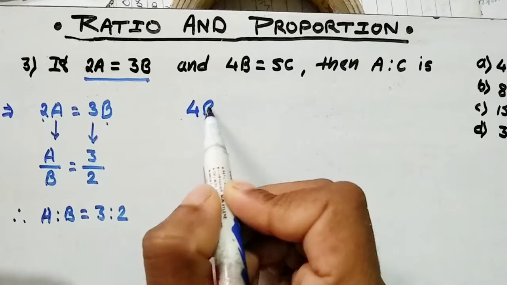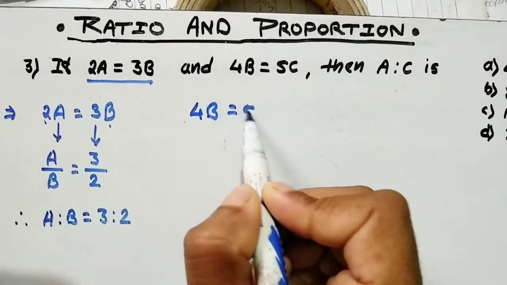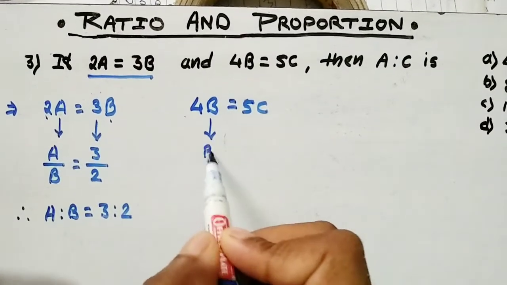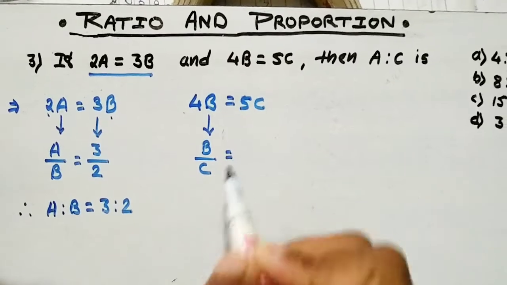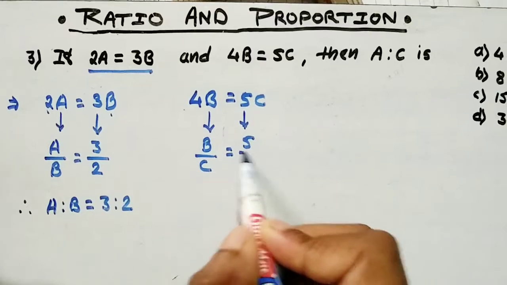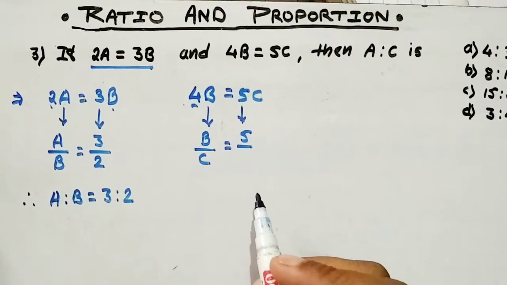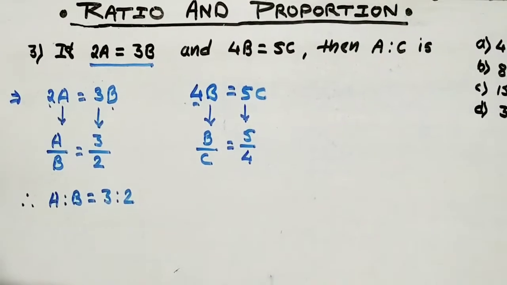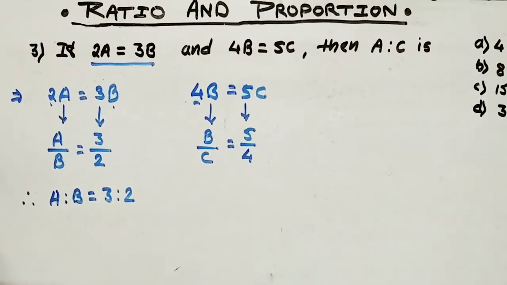Then 4B is equal to 5C. So B as it is, C moves to the left side, and 5 as it is, and 4 moves to the right side, then we consider it as the denominator side.